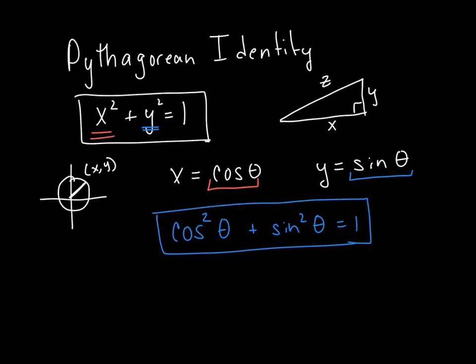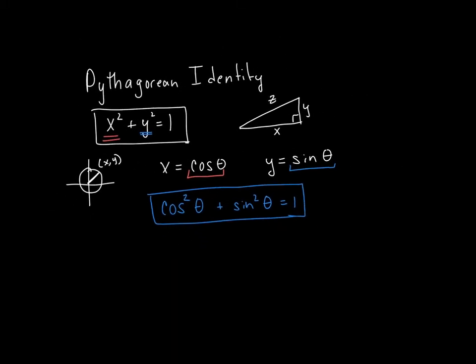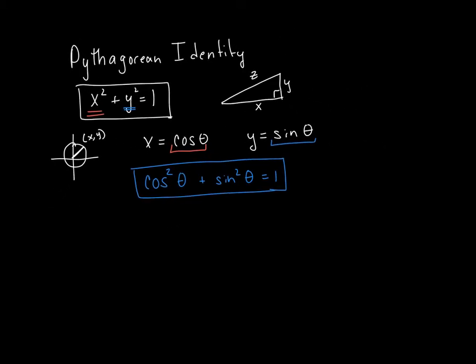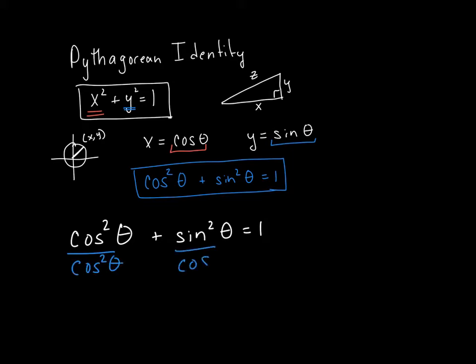However, I can also go through and relate those with the tangent and the cotangent. The way I can do that is just with a little bit of algebra. So if I take my first one, the cosine squared of theta plus the sine squared of theta is equal to 1, and I divide everything by the cosine squared of theta, what do I get?